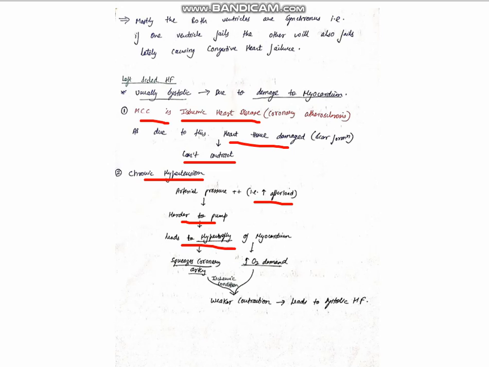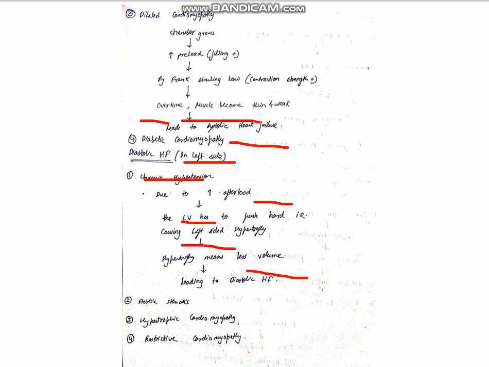When the myocardium is hypertrophied, it will squeeze the coronary artery, and the cells will need more energy, so the oxygen demand will increase, which will lead to an ischemic condition, and further there will be weaker contraction and this will lead to systolic heart failure.